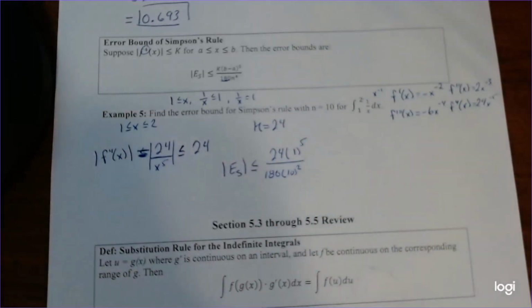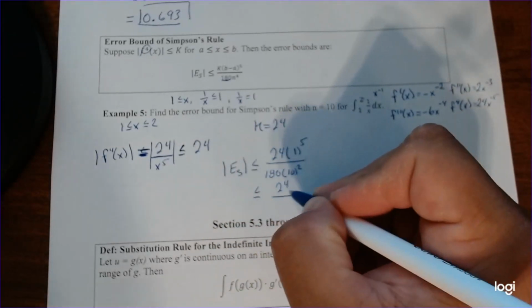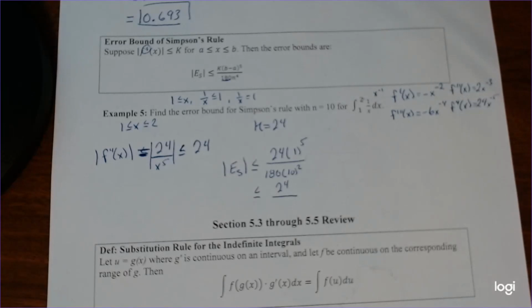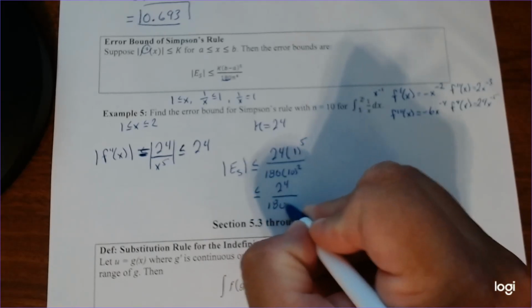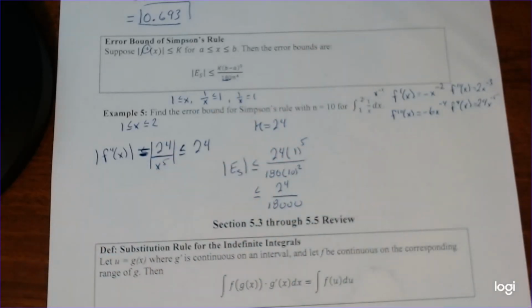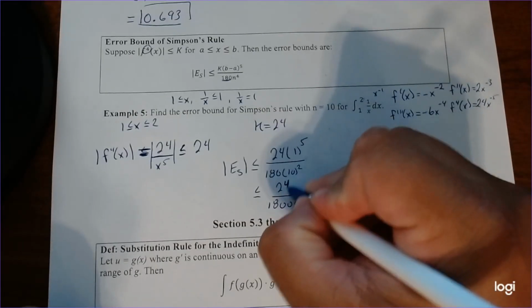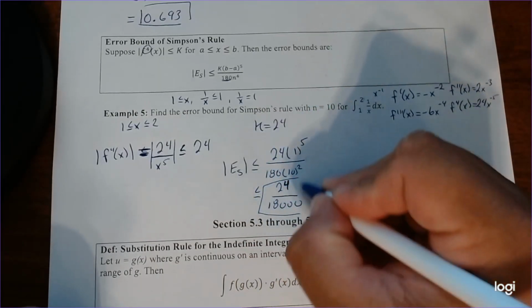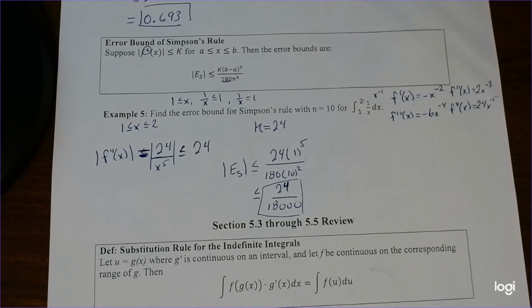Or approximately 24 over 18,000. And there you go. So that finishes up our section of 7.7.